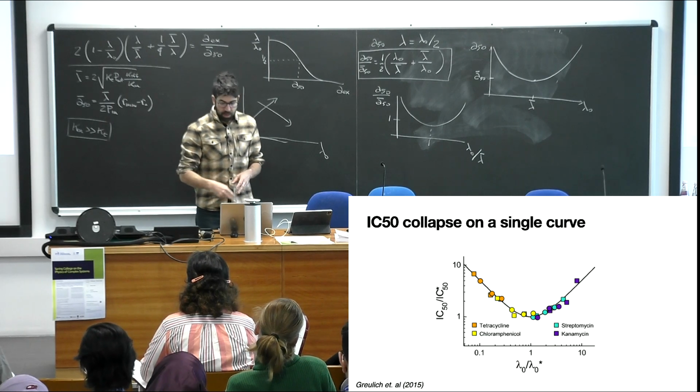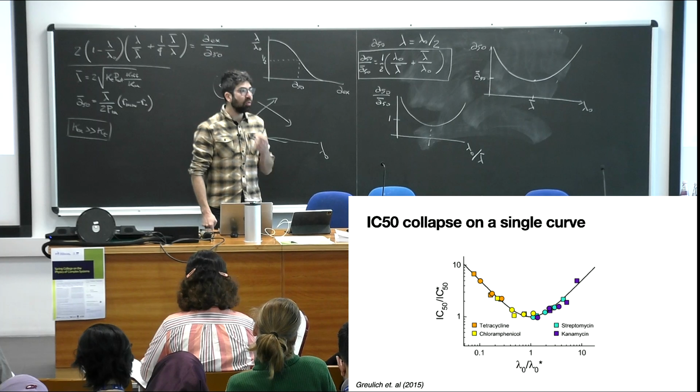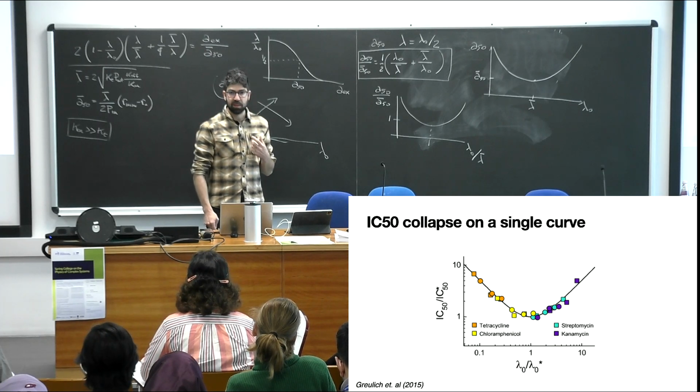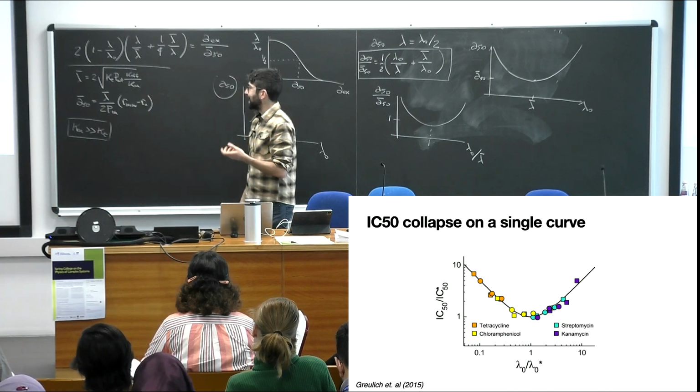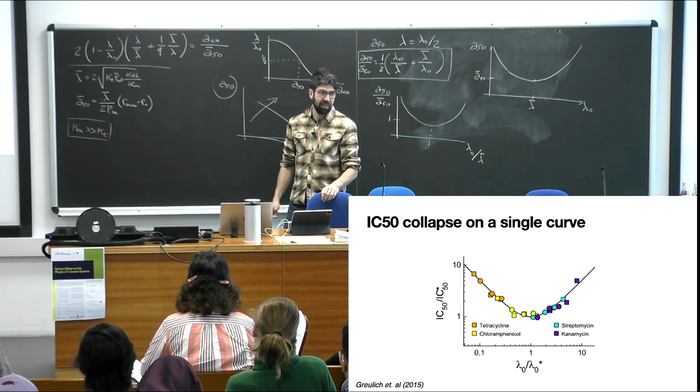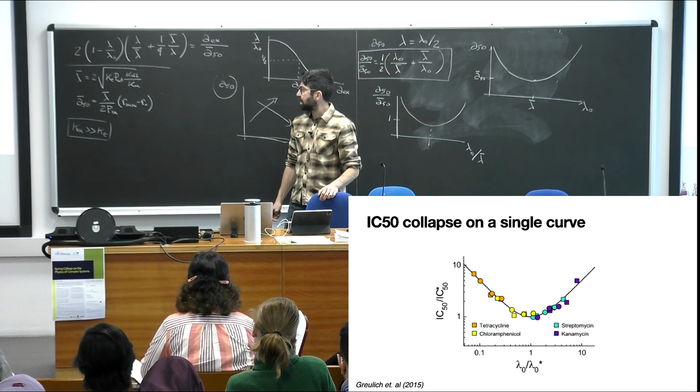Okay. So how can you further test this model? Another way to further test this model would be to try to modify something in the model. Now, how do you modify something in the model?